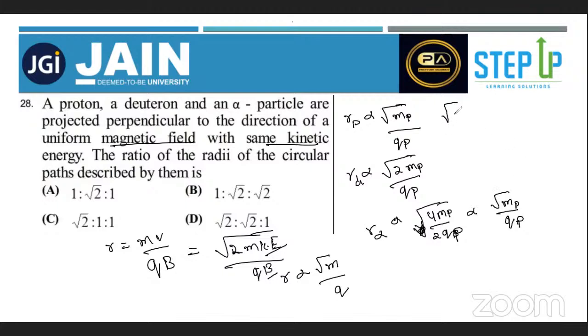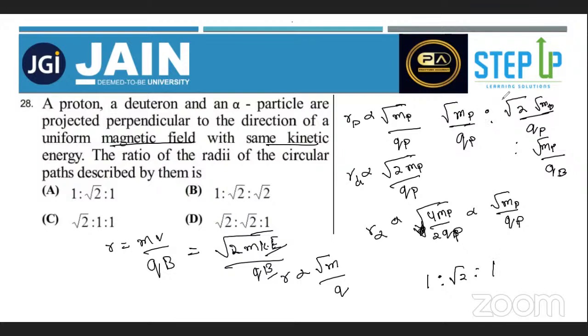So I have root mp upon qp, then root 2 into root mp upon qp, and another root over mp upon qp. You can see I'm getting it as 1 is to root 2 is to 1.